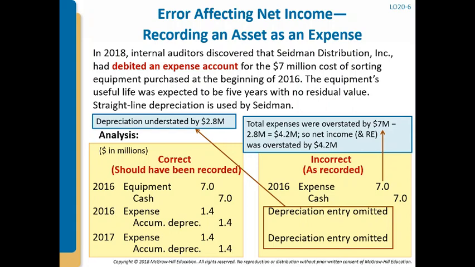Total expenses in 2016 were overstated by 4.2 million, the after-tax effect. So net income and retained earnings were overstated by 4.2 million.